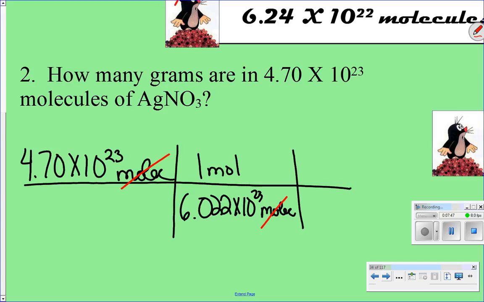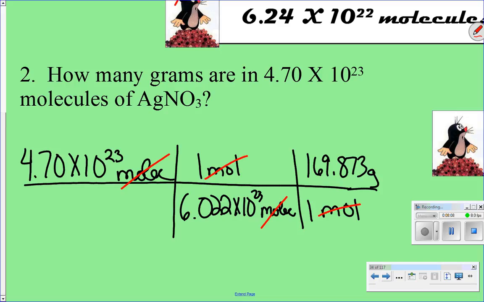So now our molecules are gone. Now we need to turn this into grams. My gram formula mass for silver nitrate I've calculated as 169.873. I need my moles in the bottom. I'm going to put my mole down here, and my associated grams are going to go right on top. So my moles have now gone away.